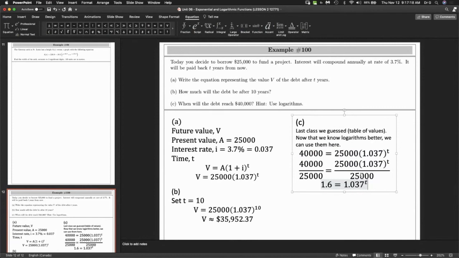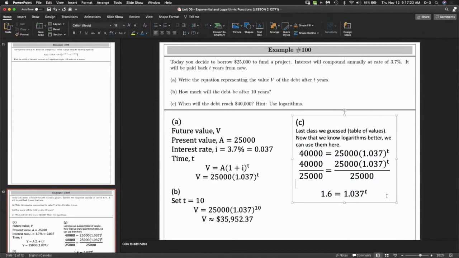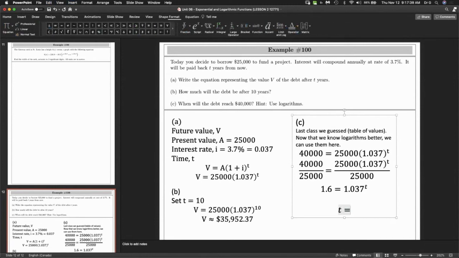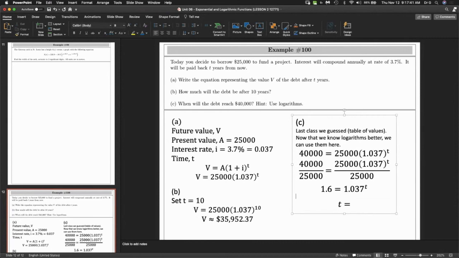So hopefully you're okay still with that. This is a big milestone in the question. What you want to do here now is figure out how to get t with logarithms. So how do I write t as a logarithm?